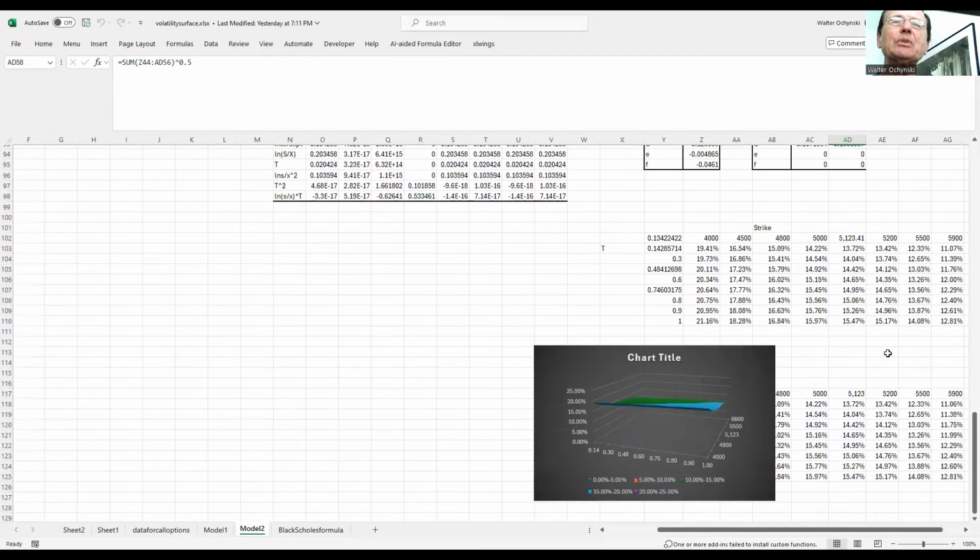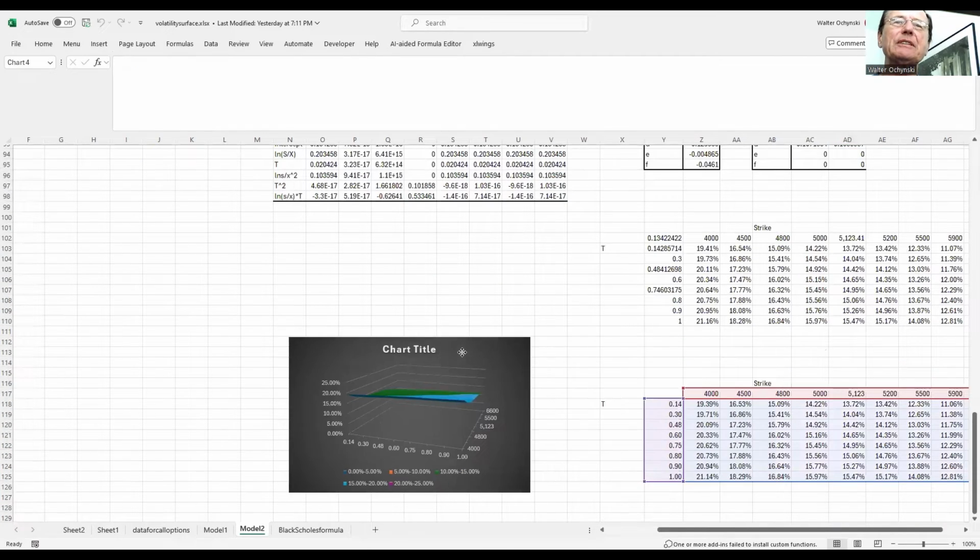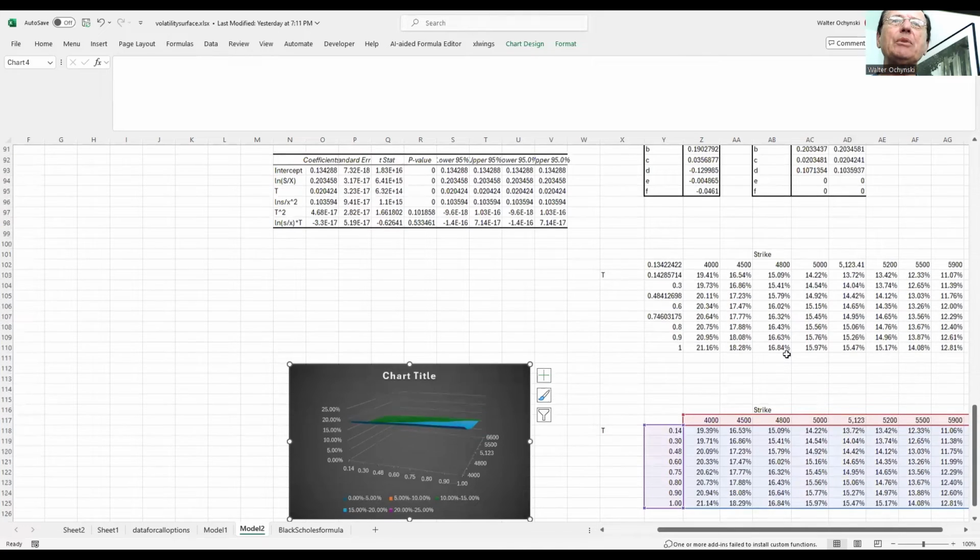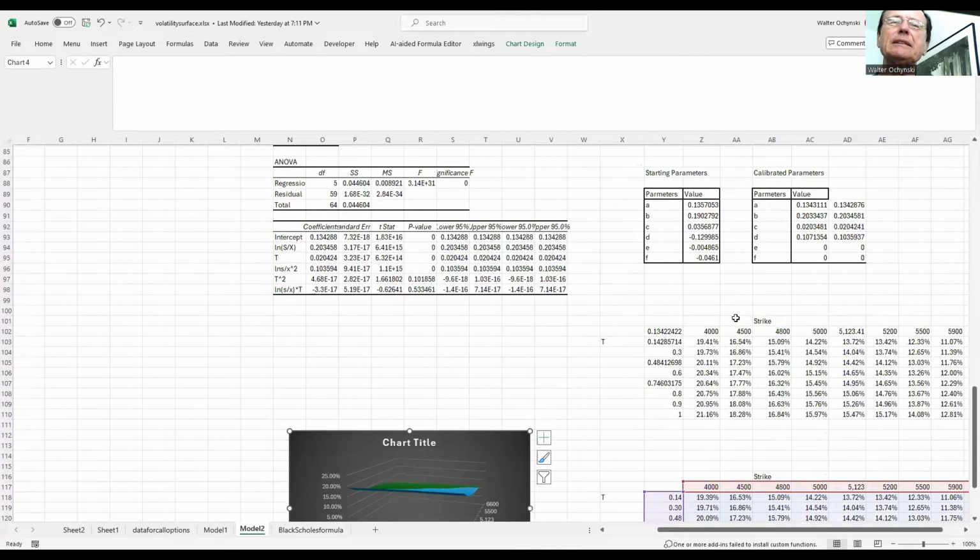Now you are able to create the surface. How we do that is we use Data Table, one of the commands that we have in Excel. In the first row, I write different strike prices.